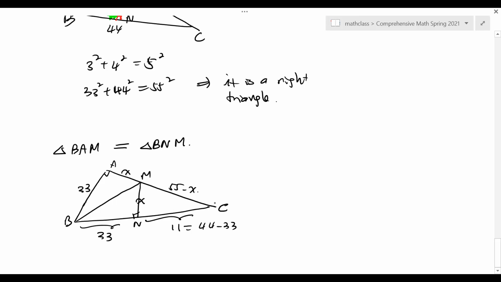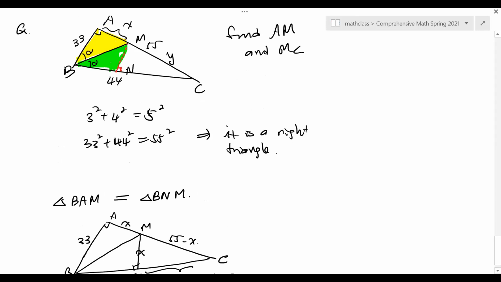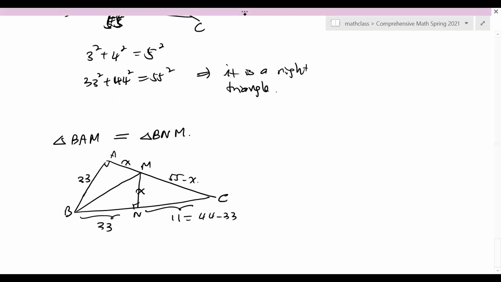Wait a minute. This is a right triangle, so I need to correct this. It cannot be 45. If that is the right angle, this must be 55, and that is 44. The other side is wrong, so let me correct this.